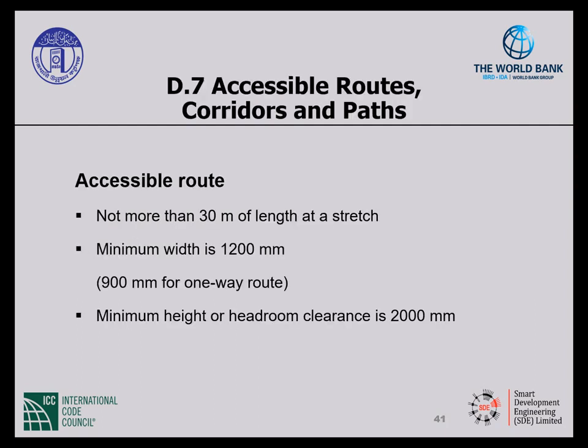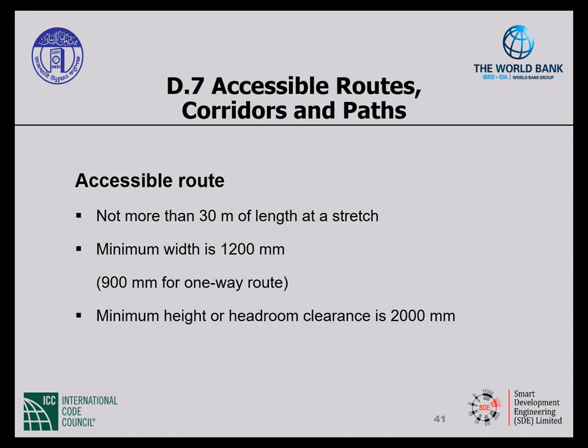Accessible routes, corridors, and paths. So just like a public access way, which is further away from the building, as you get closer to the building, you need to provide additional features for the accessible route. Again, it should be not more than 30 meters in length at a stretch. And every 30 meters, you would want to provide seating for somebody who can't walk great distances.